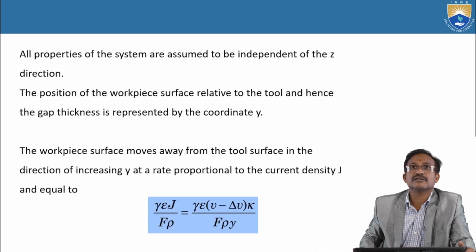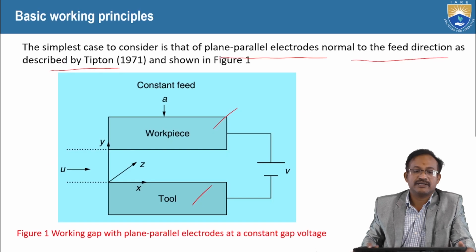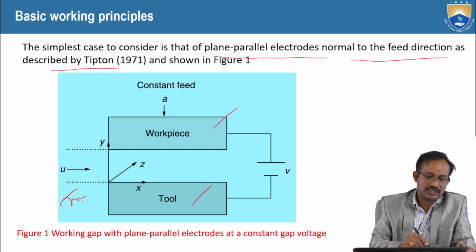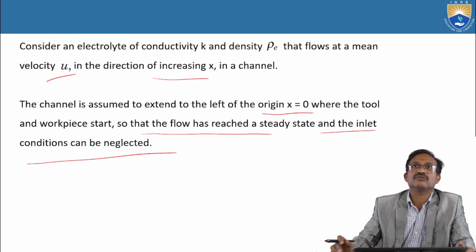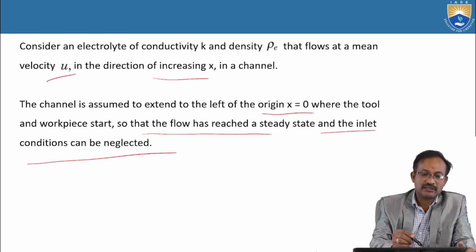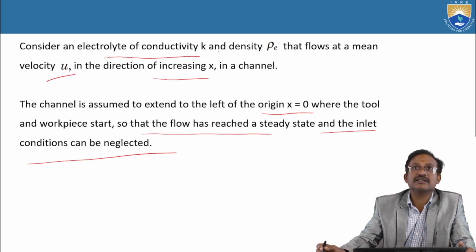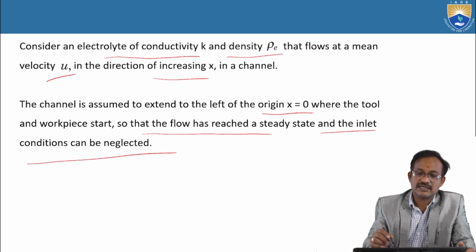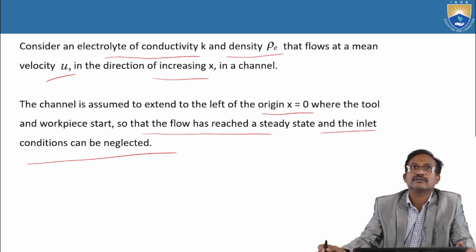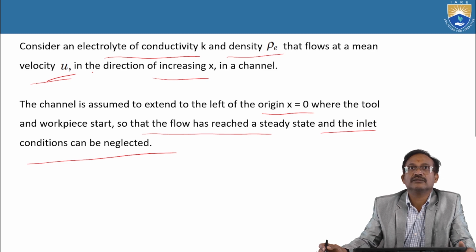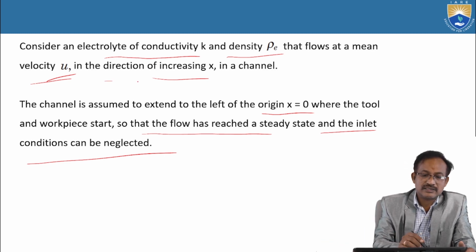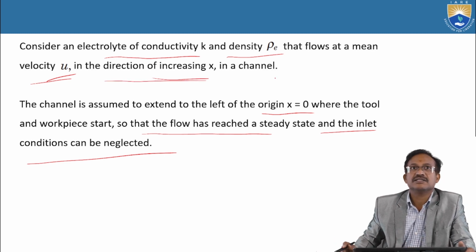Look at this, it has started at X equal to 0. So here we have electrolyte conductivity K, electrolyte density rho E, and its mean velocity U in the direction of increasing X in a channel.